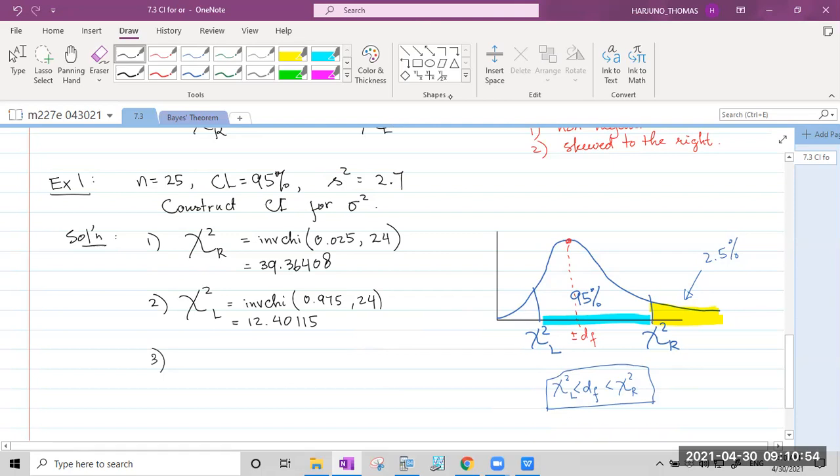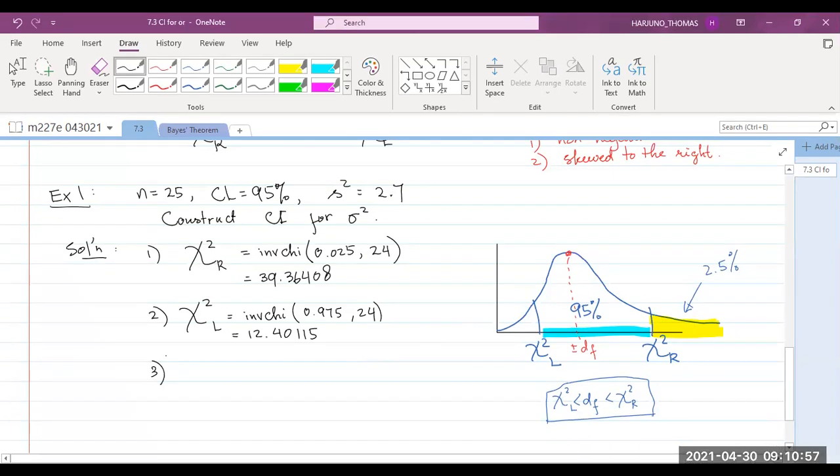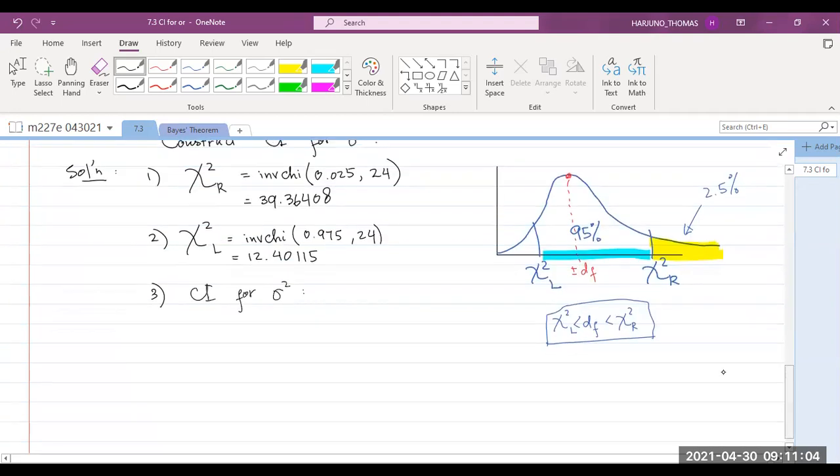Now then, let's go on with step 3. Confidence interval for sigma squared is degree of freedom 24 times sample variance, already 2.7. I don't need to square it, it's already the variance, over chi-squared, right? 39.36408 less than sigma squared less than 24 times 2.7 over 12.40115.